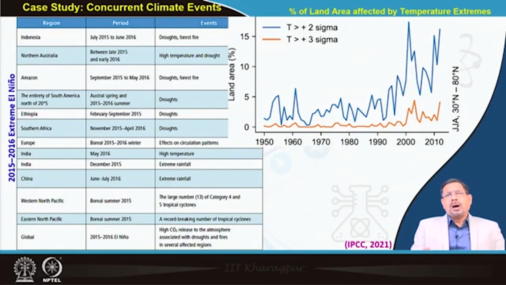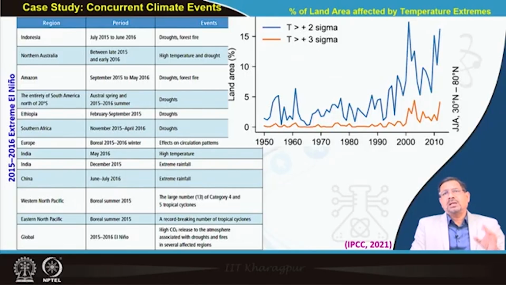Now, look at the upper right hand side of the depiction as far as the percentage of land area affected by temperature extremes. So, friends, if you see here on the y axis we have put the land area in terms of percentage, and on the y prime axis JJA, that is June, July and August, between 30 degree north latitude to 80 degree north latitude.